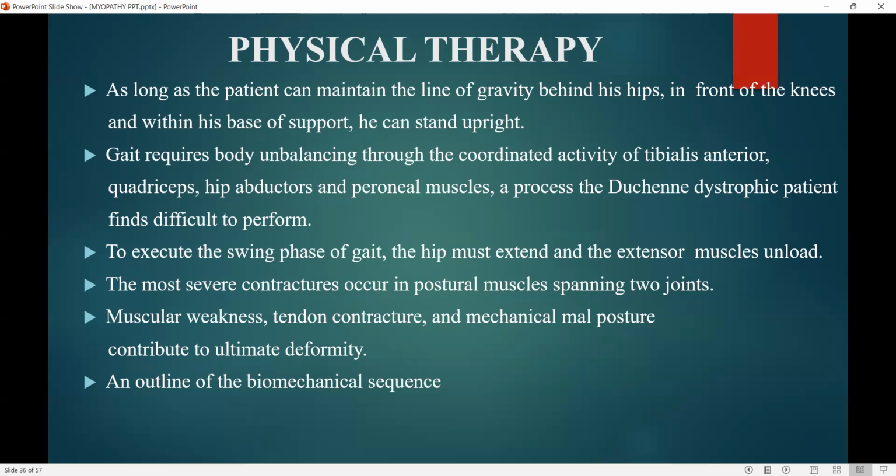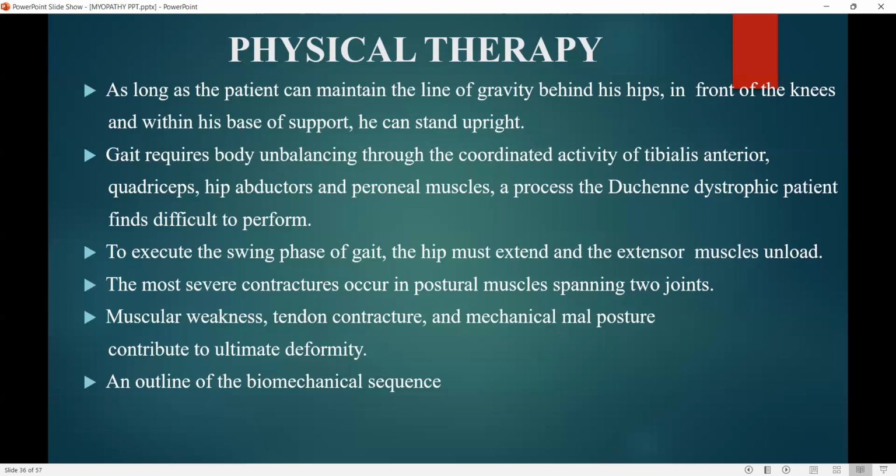Gait requires the body's balancing through the coordinated activity of the tibialis anterior, the quadriceps, hip abductors and the peroneal muscles. Duchenne dystrophy patients find it difficult to perform this. To execute the swing phase of the gait, the hip must extend and the extensor muscles must work.